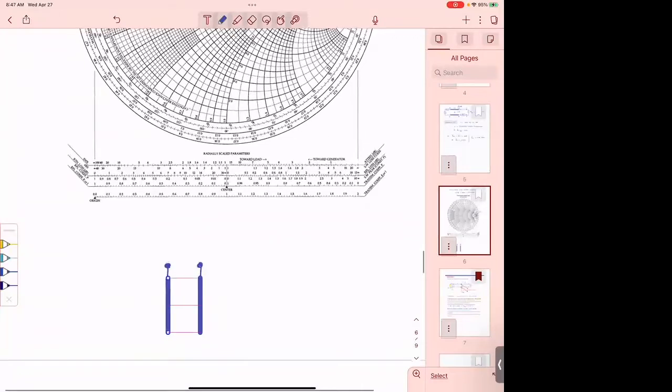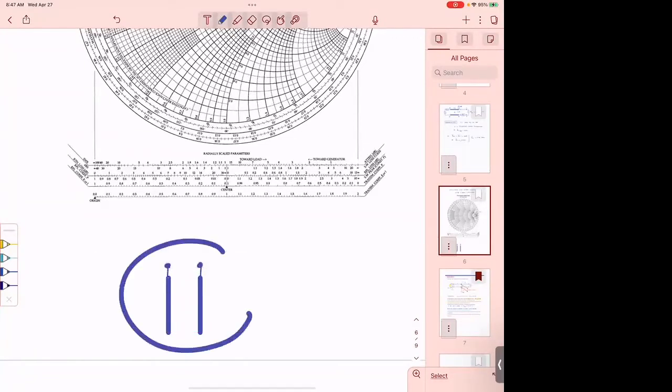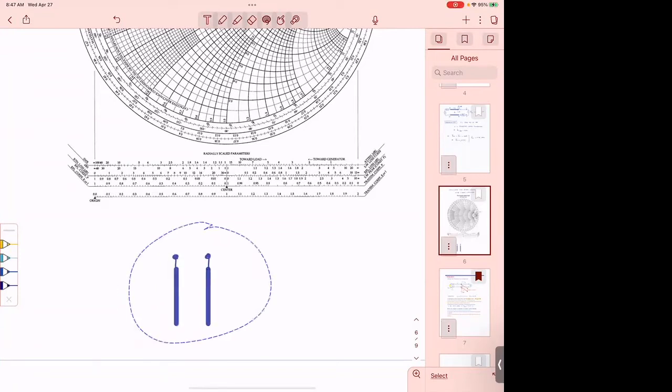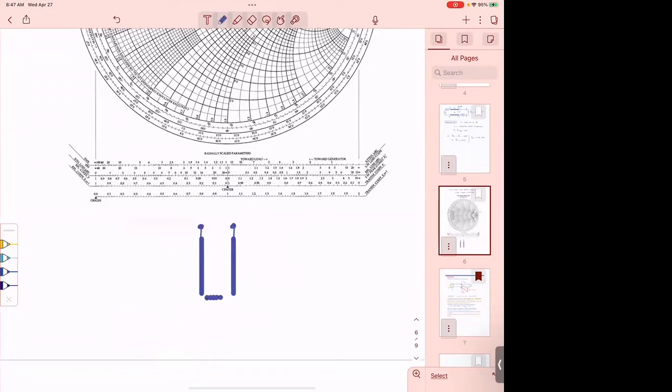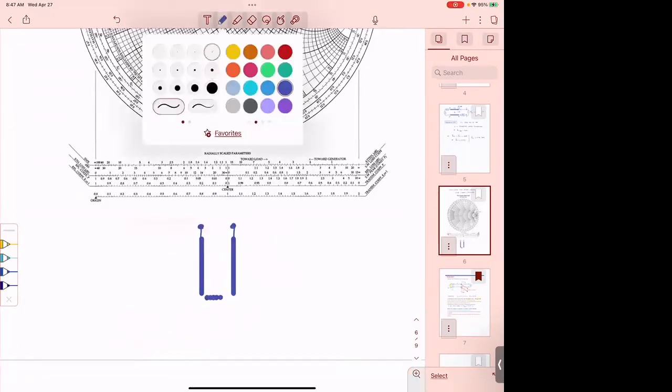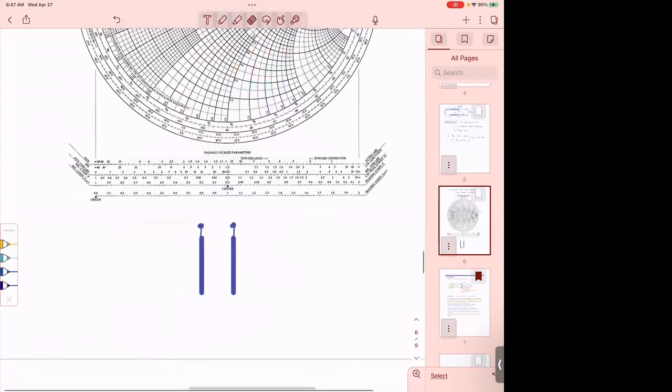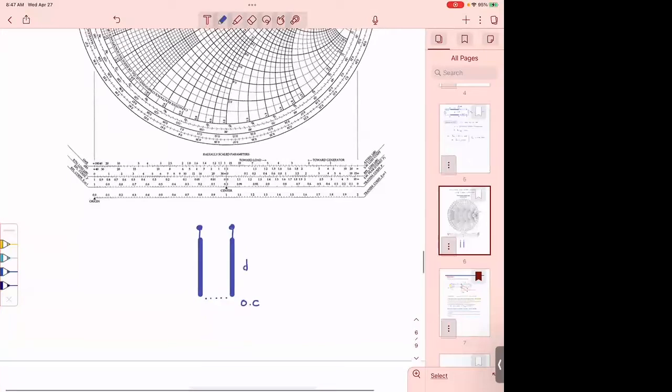That was the stub, and it was open circuited here. That means open circuit. And we want to find this length.